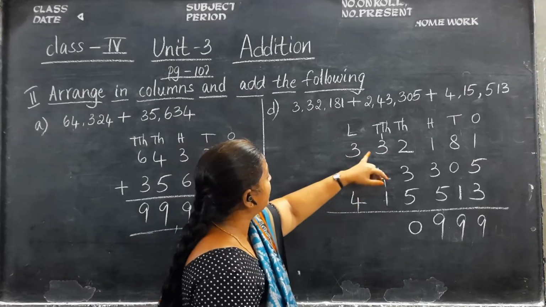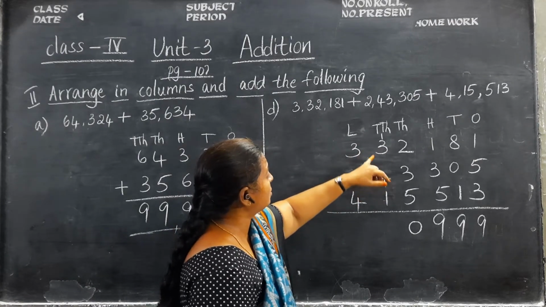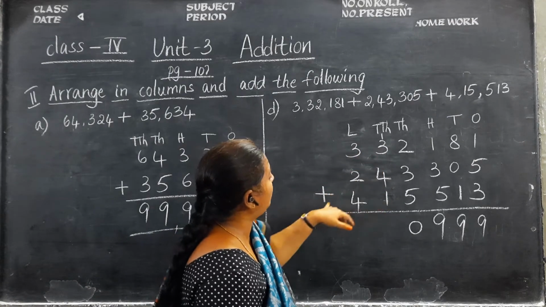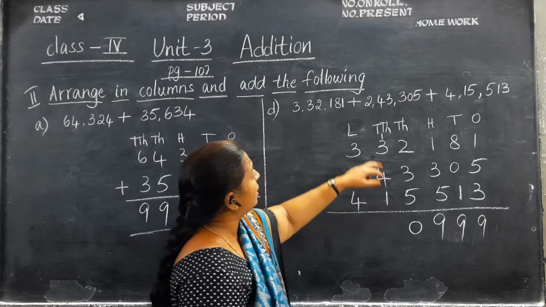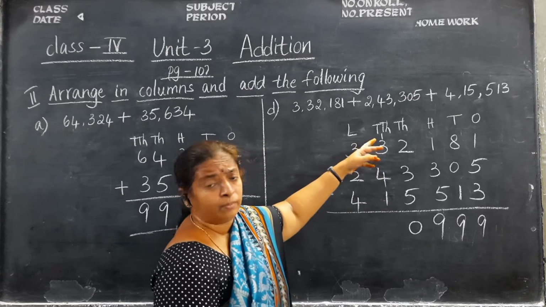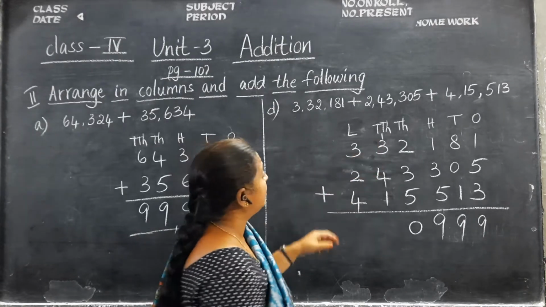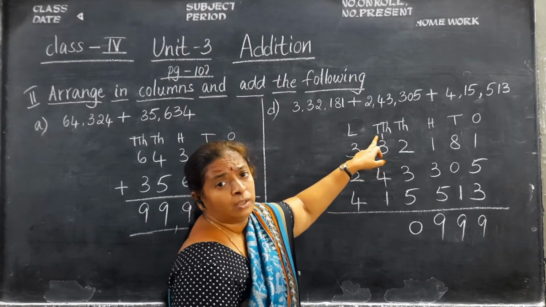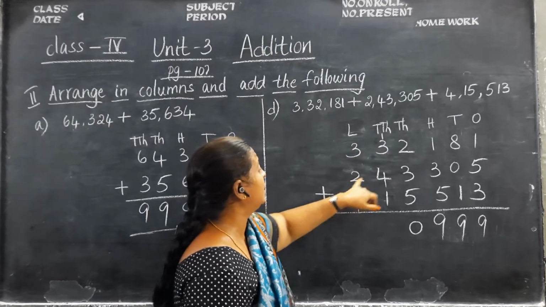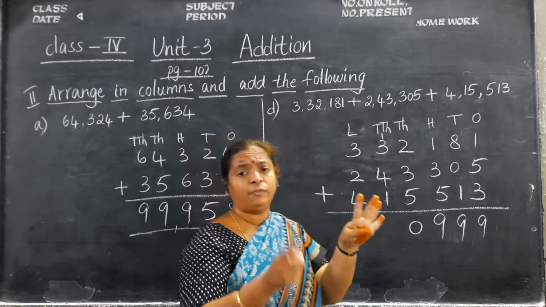Then in the 10,000s column, 3 plus 4, 4 plus 1. This carried one also we should add to this column. See, 3 plus 1, 4, 4 plus 4: 4 put in your mind, take 4 fingers.